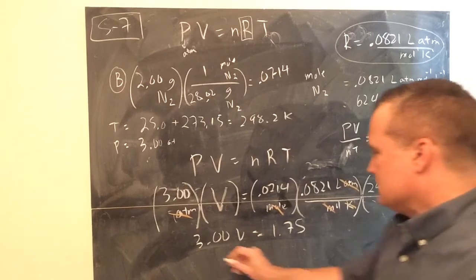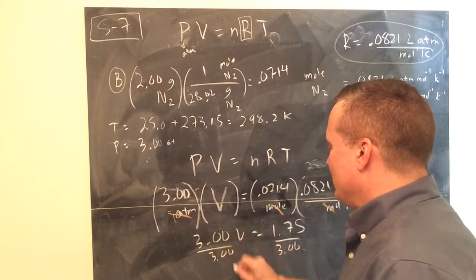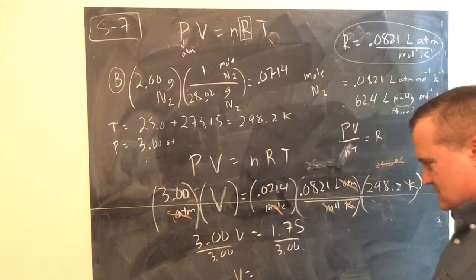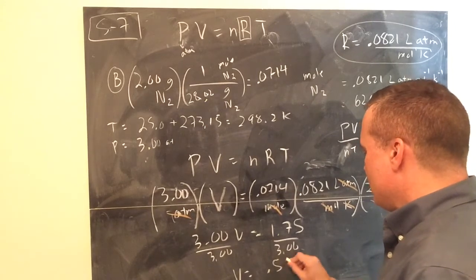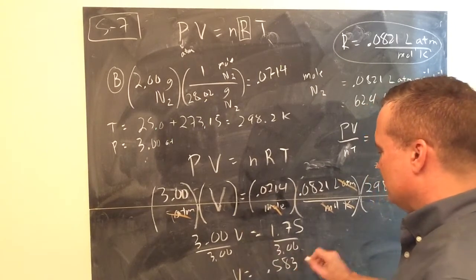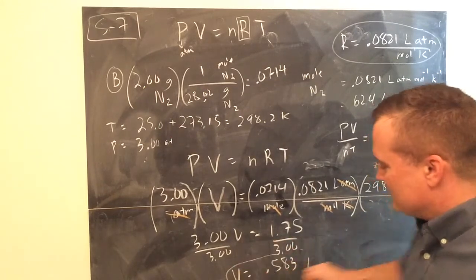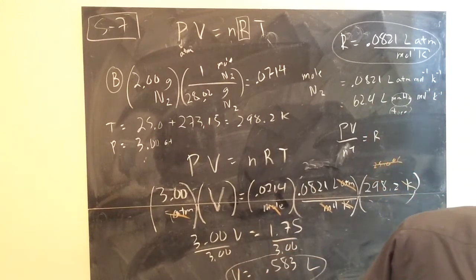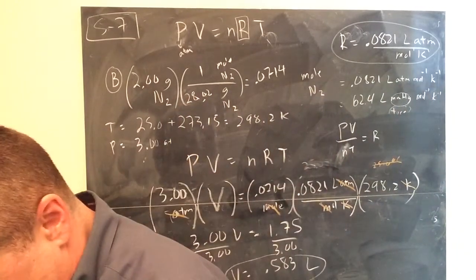Yes, that's right. Divide both sides by 3. And the volume equals 0.583, and it's liters. Just in the very last step, make sure you have it written there. 0.583 liters.